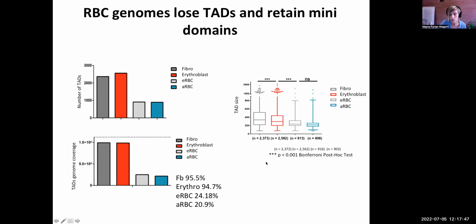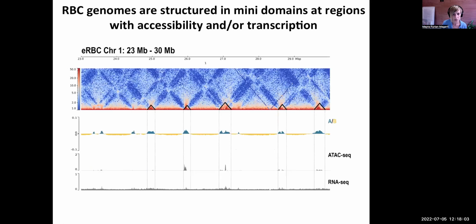And we could confirm that the domains, the TADs that are left, are significantly smaller in size in the red blood cells compared to the erythroblasts.